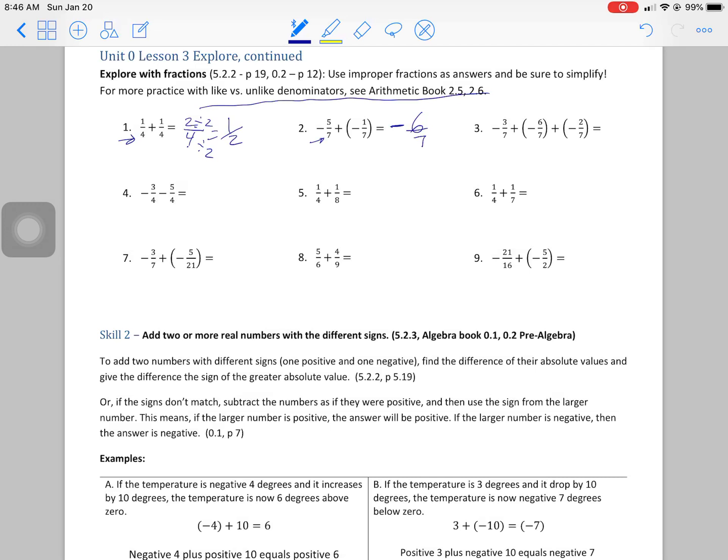All right, so here's an equation. We have a lot of negatives: 1 negative, 2 negative, 3 negatives. They're all fractions, but we have all the same denominator. So 3 negatives together is going to give you a bigger negative, and it's going to have a 7 on the bottom. So you can add the numbers at the top: 3 plus 6 plus 2.